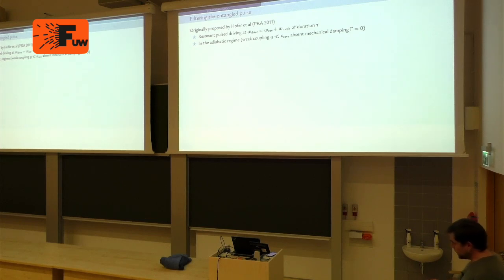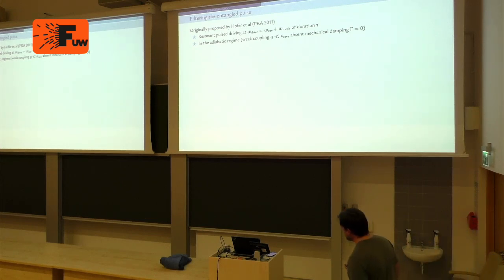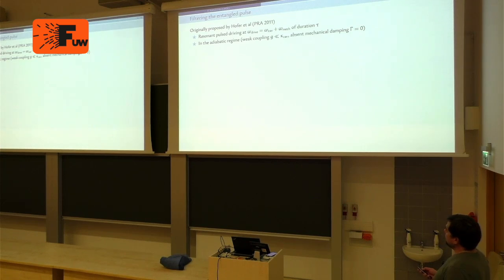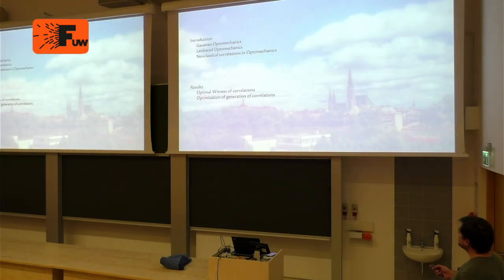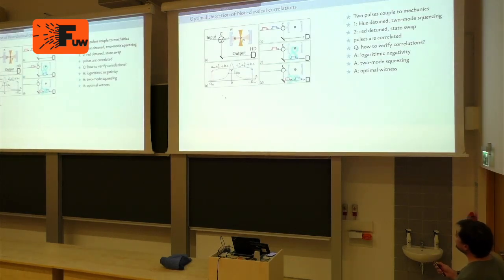Okay, let me remind you that I still want to do some optomechanical entanglement, which means that now I'm not doing the readout of the cavity state. I'm trying to generate optomechanical entanglement between... Okay, I have a picture. I want to send a pulse of light, which is a blue detuned pulse, so there will be two modes of interaction.